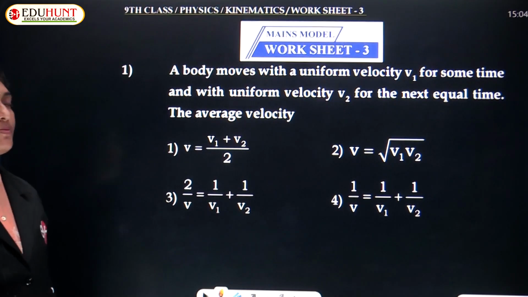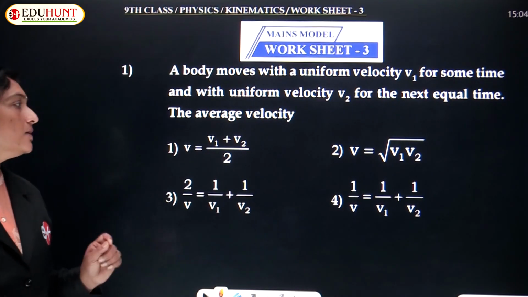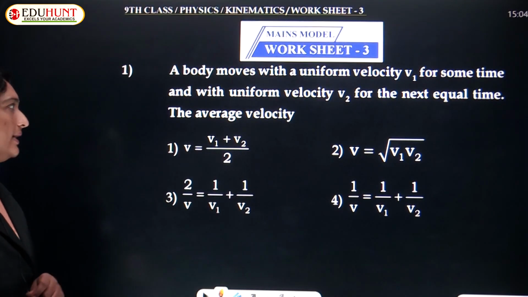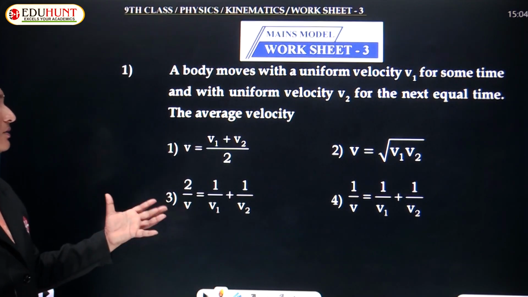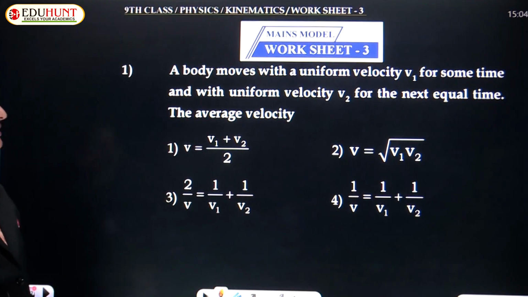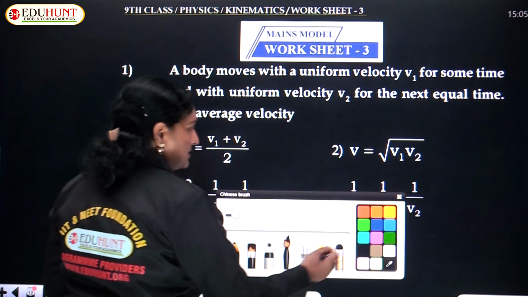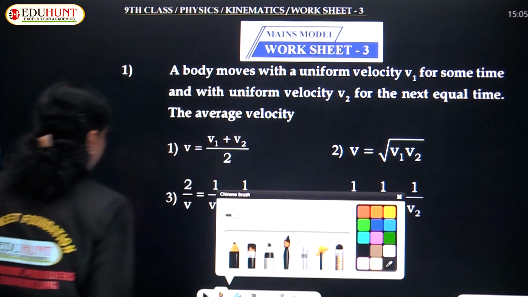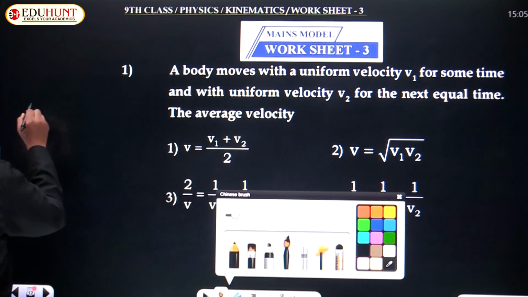Children, as we know, the formula for average speed is total distance upon total time. And here nowhere is the distance being covered, but still let us try to consider the same.